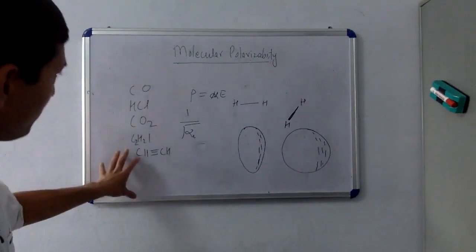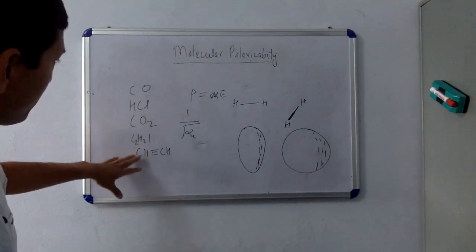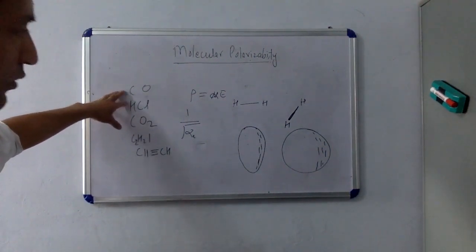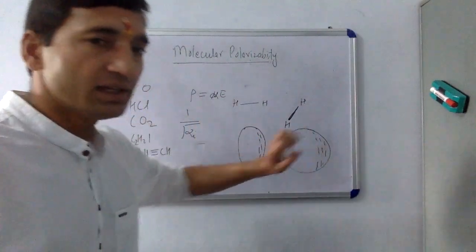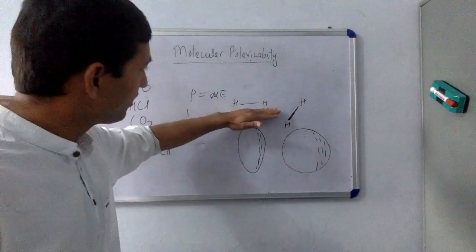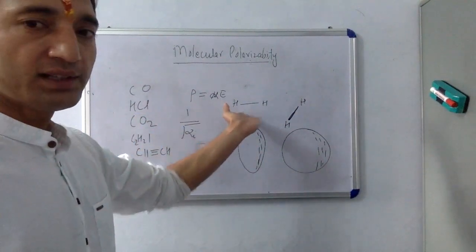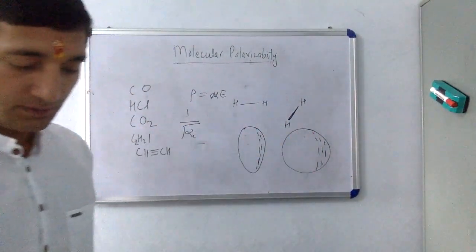So all such molecules, linear polyatomic molecules and diatomic molecules, will have the same kind of ellipsoid. Along the bond axis I have an ellipsoid, and perpendicular to this, in all directions, I'll be getting a circular one.